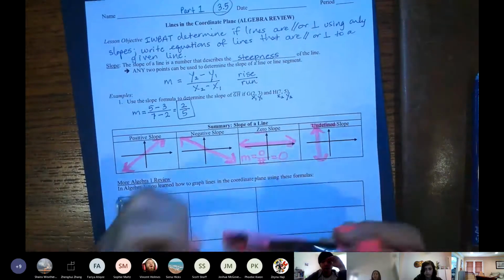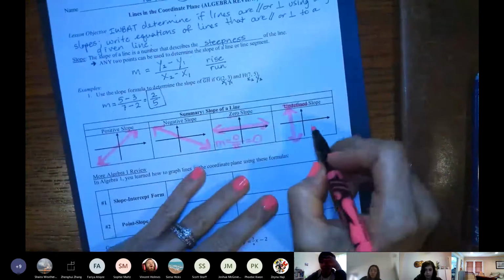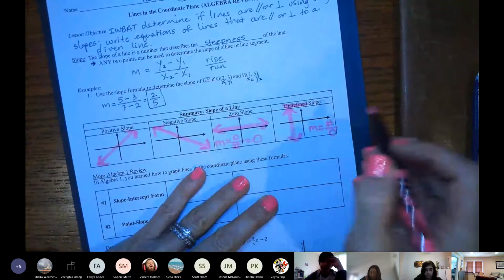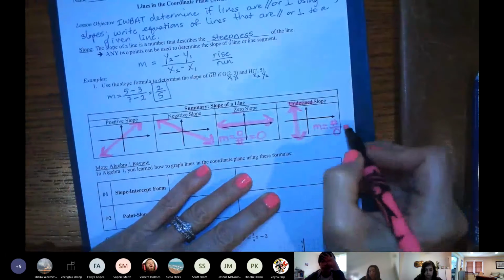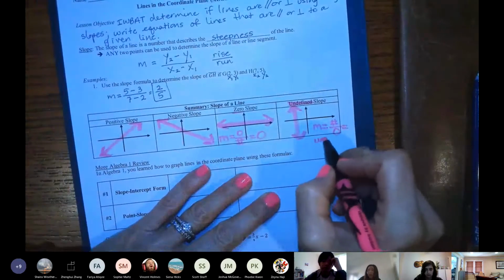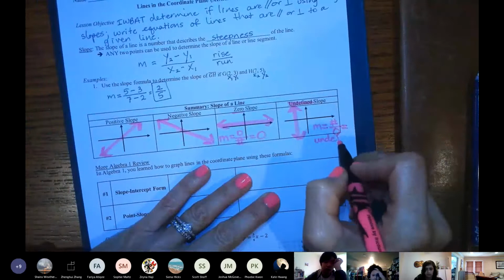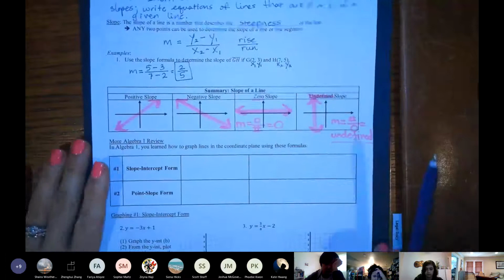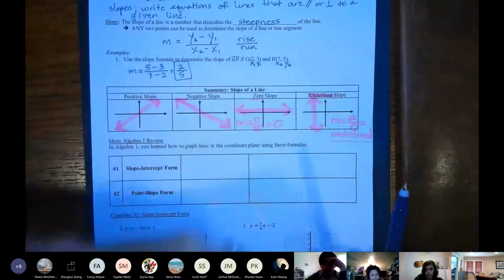We can't climb up this, but also because if you look at the definition, any number divided by 0 is not okay. Remember, we get an error if we do it in our calculator, and so we say it is undefined. So now that we're done with that review, hopefully you remember positive, negative, 0, and undefined.